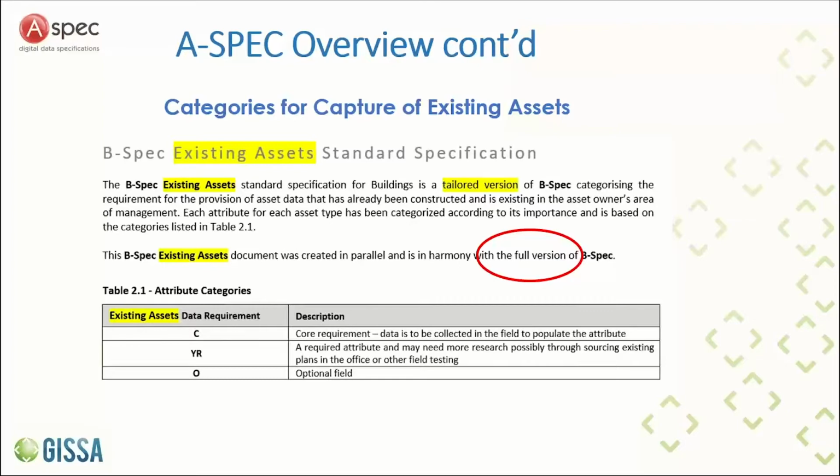However, we have 3 categories to define against each attribute, whether it's a core requirement, whether it's a required attribute but may need some more research, and it may be that you don't find any further information, in which case you apply the default. And then there are optional fields. Yes, we finally have some optional fields for everybody that's been asking.